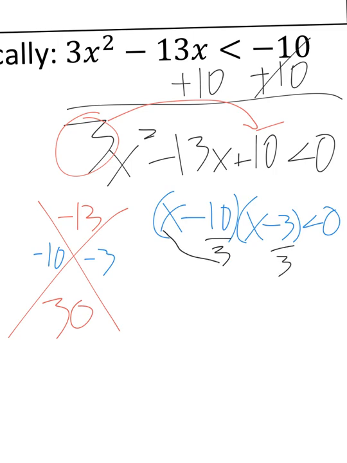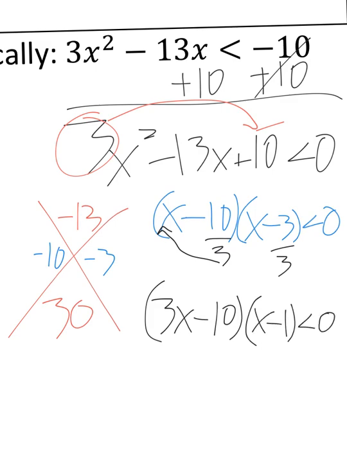If it makes a fraction, swing it up front. So 3x minus 10, and then 3 over 3 makes 1, so x minus 1 is less than 0. Now we've properly factored 3x squared minus 13x plus 10 is less than 0 into this.